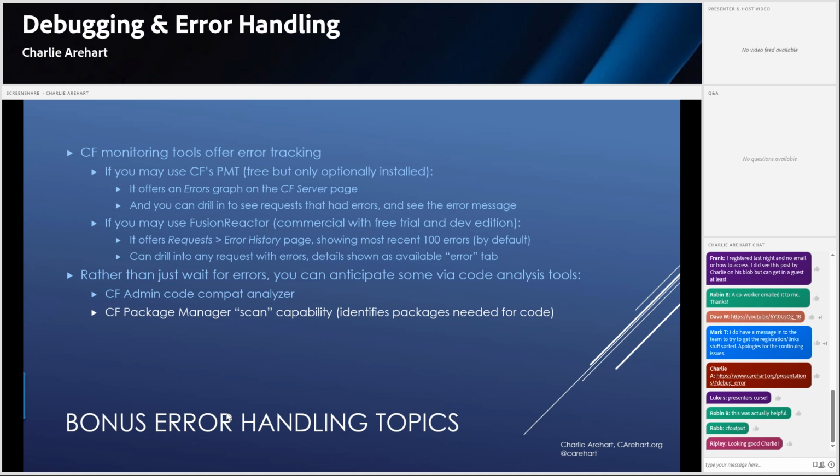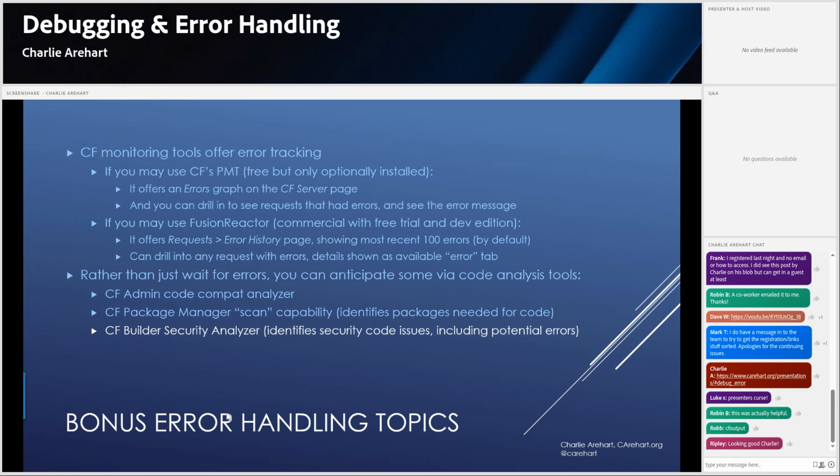My point is, you don't have to wait for the error to occur. You can run the package manager scan tool, literally point it at your code, and it will say, well, for your code in this folder and all of its subfolders, here's the packages you would need. And then you'd want to make sure the CF administrator had implemented those packages. Or there's ways to automate the package deployment mechanism with Docker, with CommandBox. Again, that's beyond the scope of today to discuss.